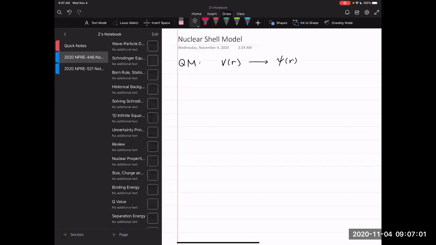Then the wave function needs to be normalized. If you integrate the wave function squared from minus infinity to infinity, we need to get 1, because psi squared represents the probability. This is the general way to solve a quantum mechanics problem. Overall, the key point is that the input is the interaction potential or the force. No, we don't directly use the force, we use the potential.